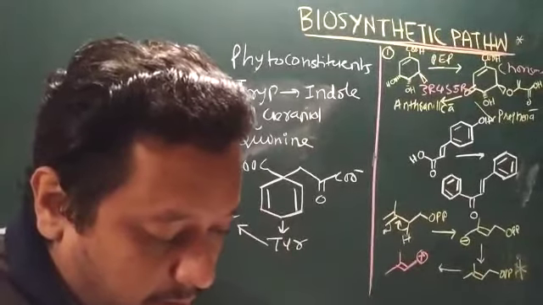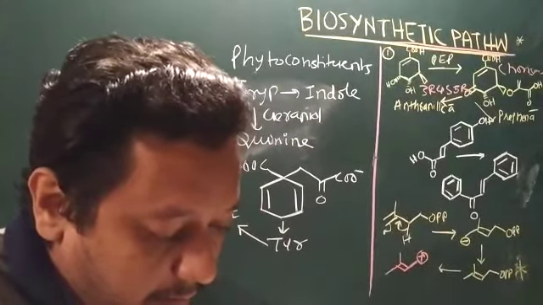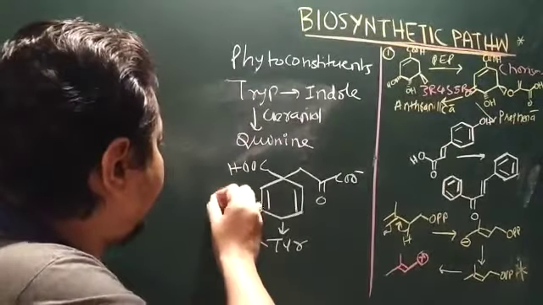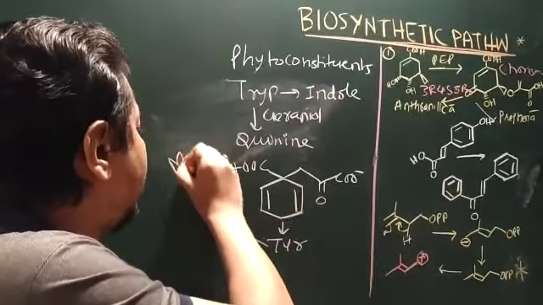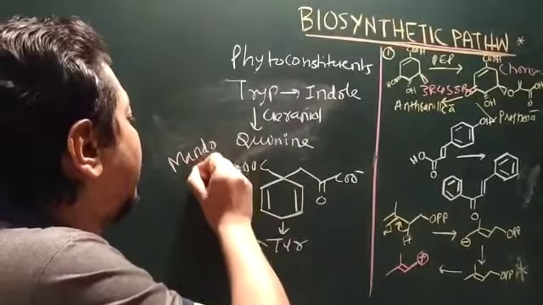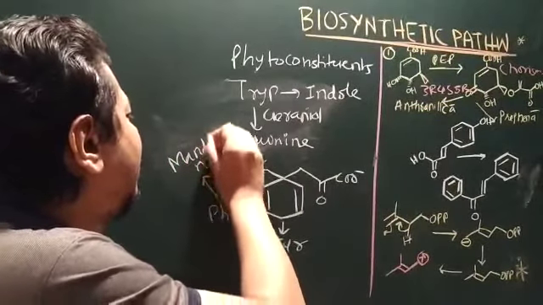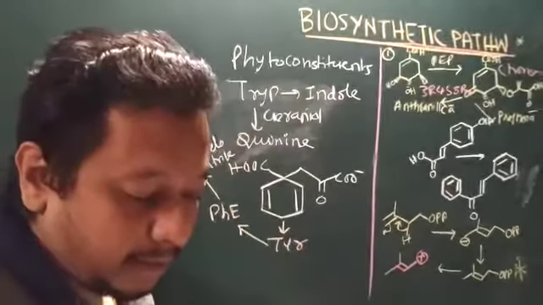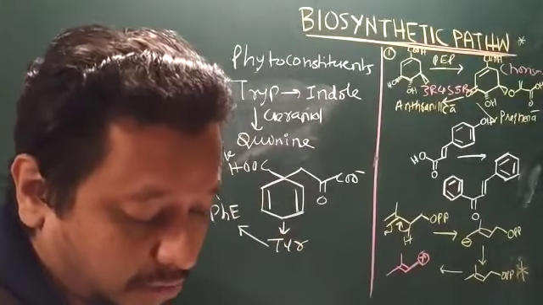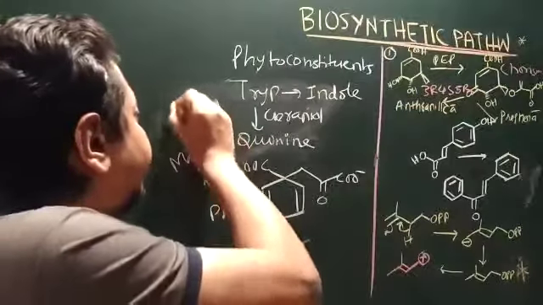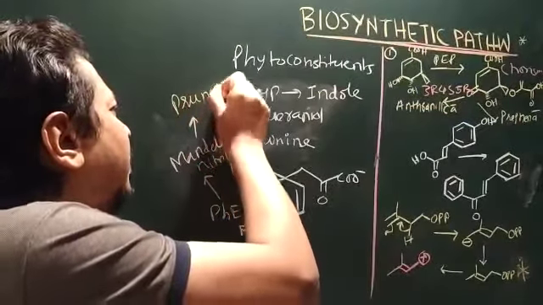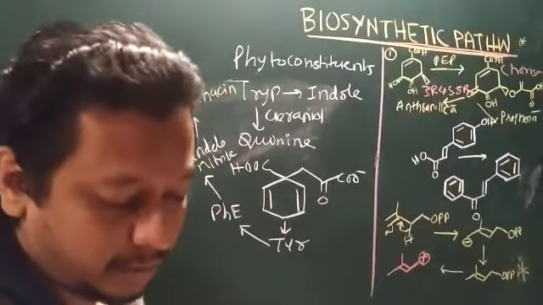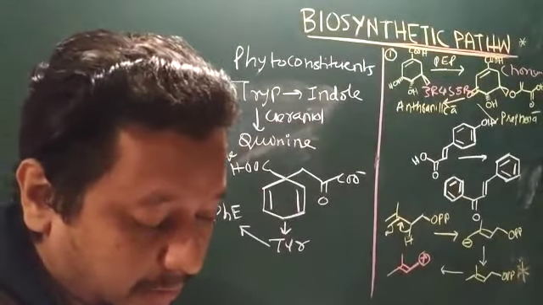After that, from phenylalanine you can get a very important intermediate, mandelonitrile. From here you get a very important phytoconstituent, that is prunasin. I'll be talking about this prunasin and wild cherry bark and all. So this prunasin can be synthesized.